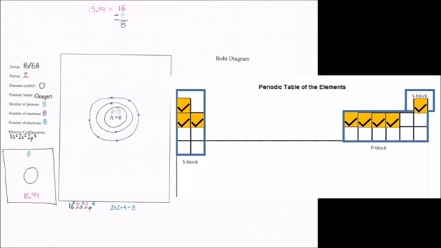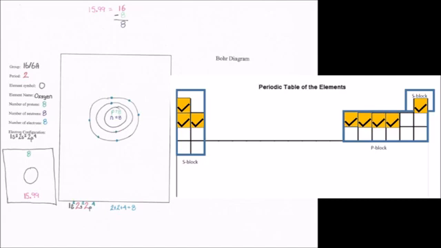If we look at our Bohr diagram, I stopped drawing little dots, but I put p equals 8. So again, 8 protons in the nucleus, 8 neutrons in the nucleus. My first shell is going to hold 2 electrons, and then my second shell is going to hold 6 electrons. 1, 2, 3, 4, 5, 6.